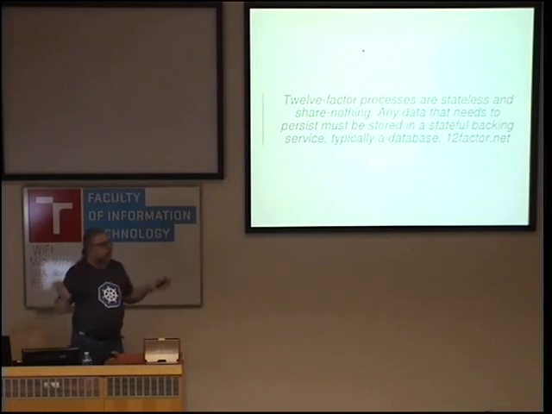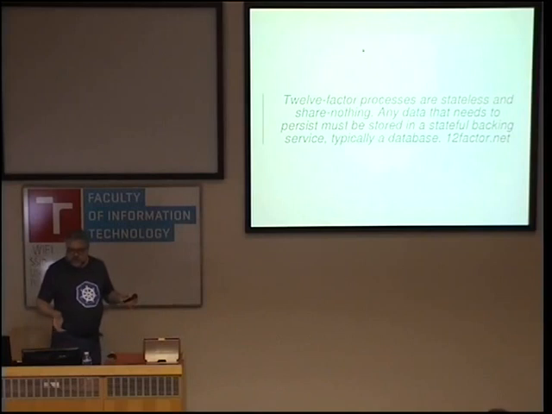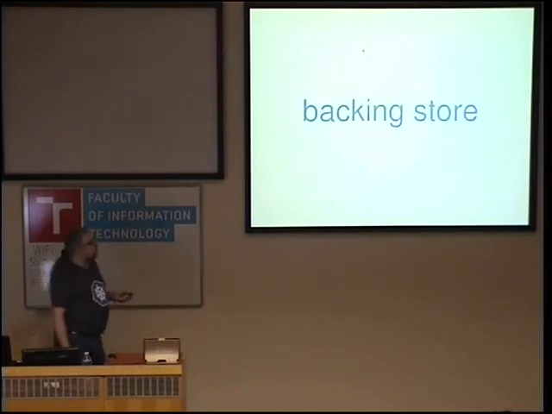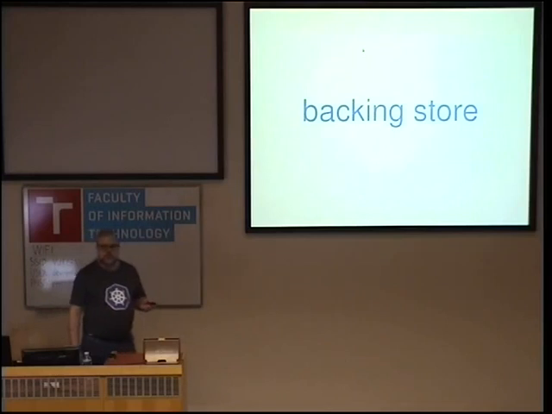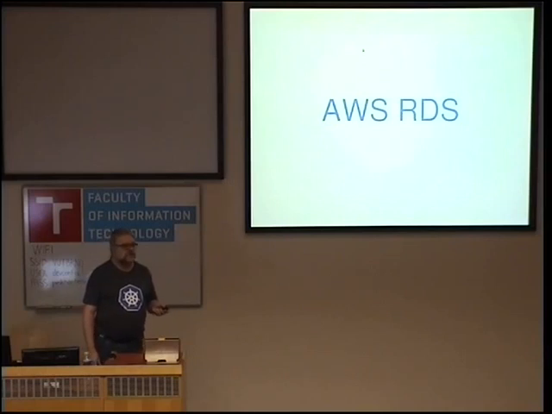If you look at the 12-factor app, there's one factor, which is: 12-factor processes are stateless and share nothing. Any data that needs to persist must be stored in a stateful backing service, particularly a database. Well, they've just codified the idea that you're supposed to use an external backing store, which is not your responsibility, which means what they're really talking about is Amazon RDS.